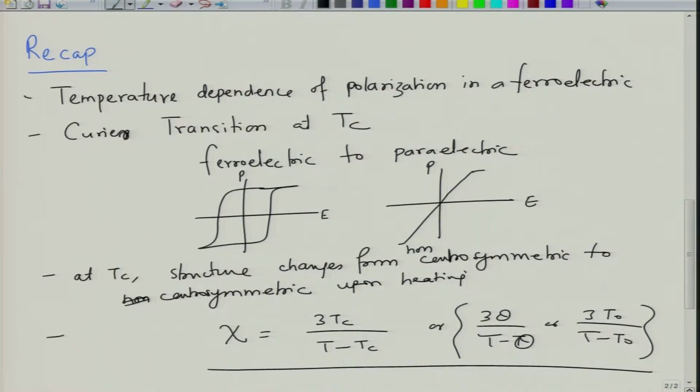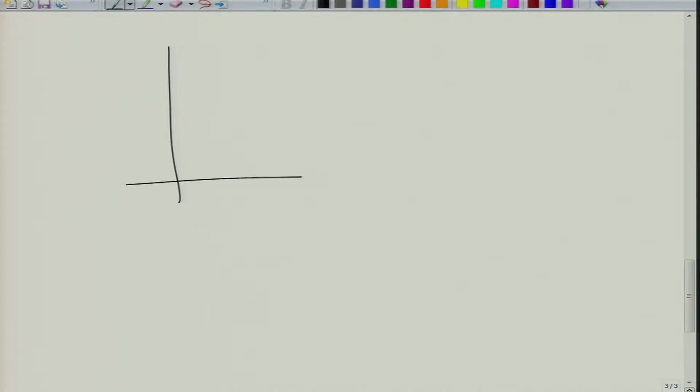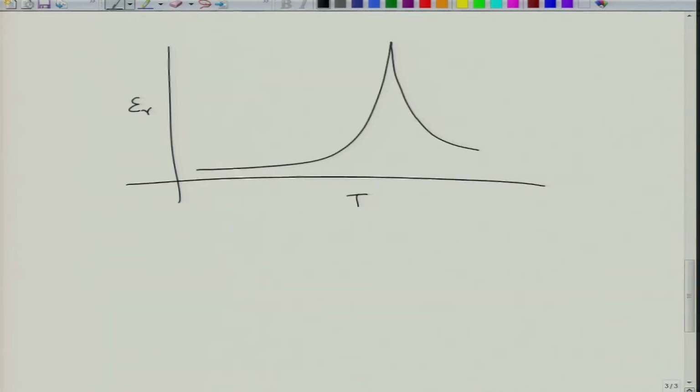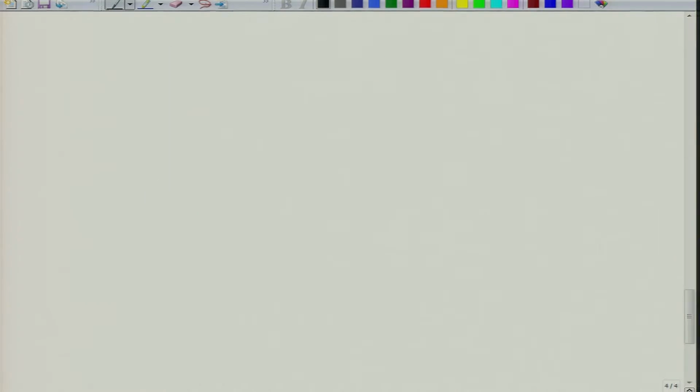When you measure the dielectric constant versus temperature, it shows a maxima, an abnormal increase at temperature Tc. Okay. So, this is what we did in the last couple of lectures.